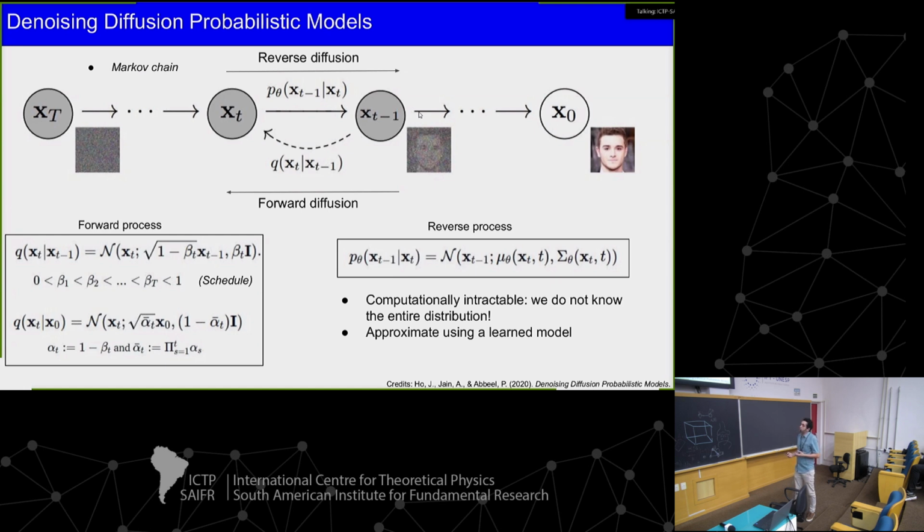This is not done in a single step, but since you have all the schedules for each time step, you can compute a cumulative product and determine xt conditional directly on x sub 0.